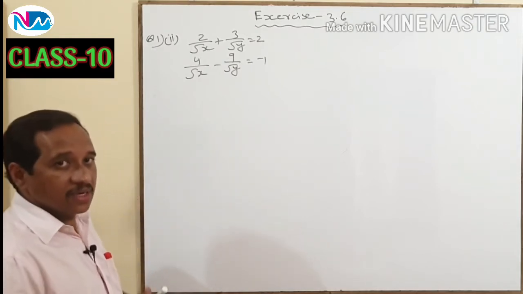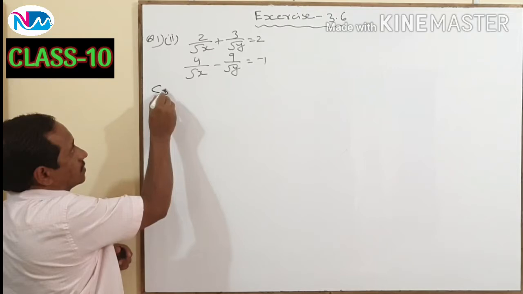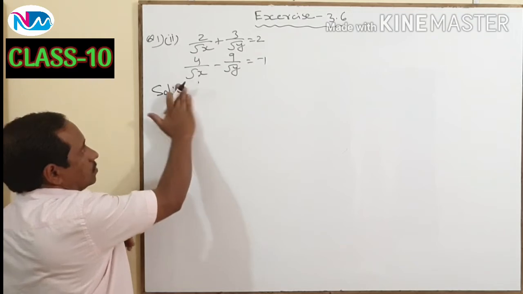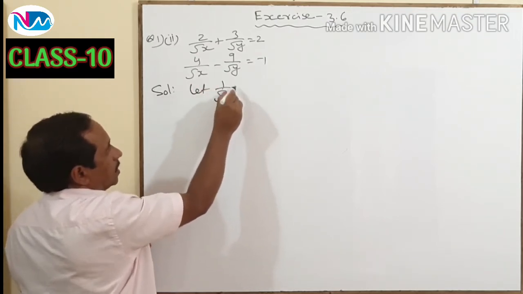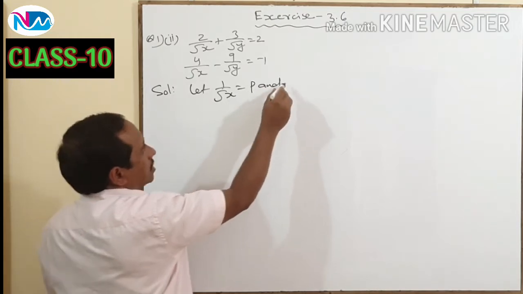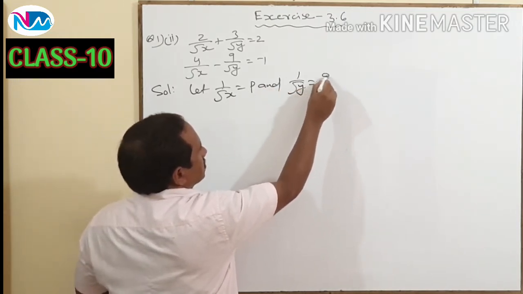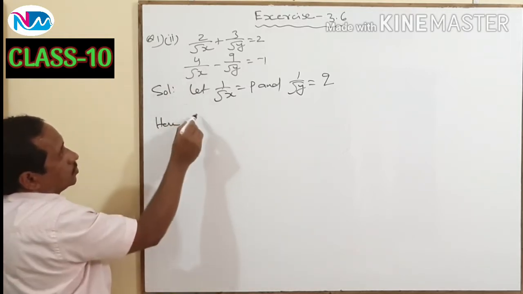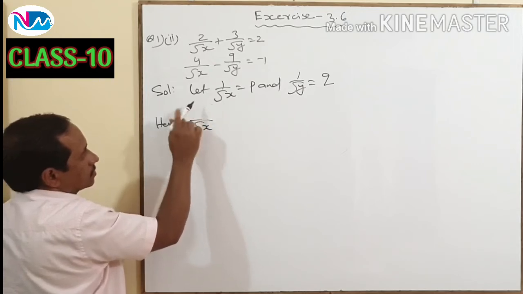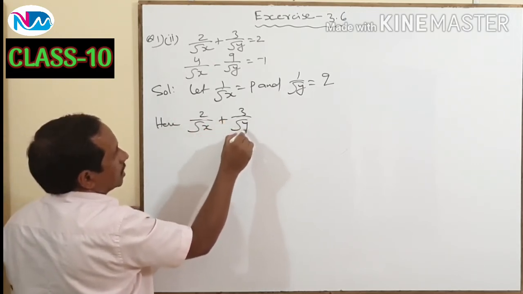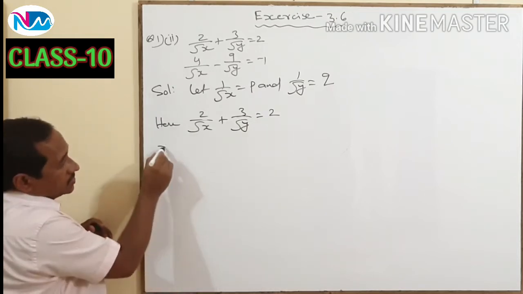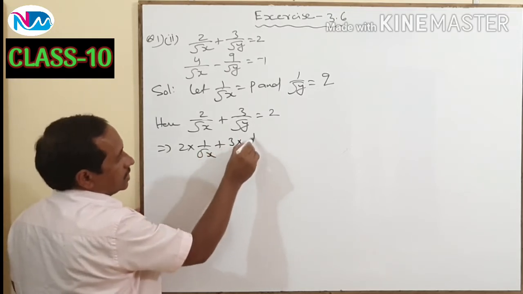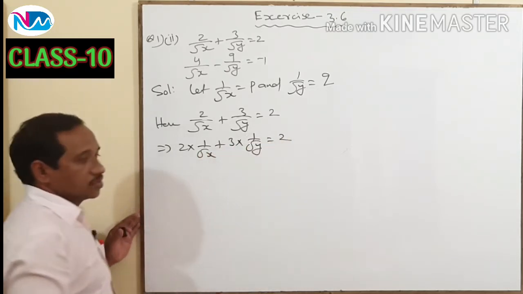For that, I will give a substitution. Let 1 by root x is equal to p and 1 by root y is equal to q, because here 2 by root x plus 3 by root y is equal to 2 is actually 2 into 1 by root x plus 3 into 1 by root y is equal to 2.